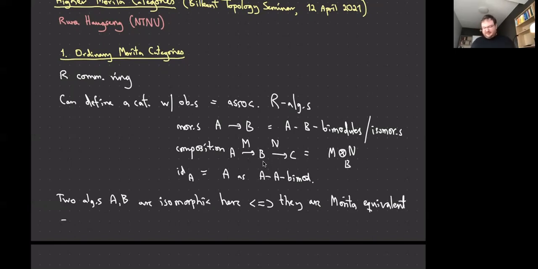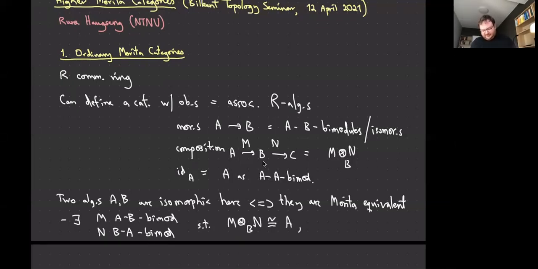Isomorphism in this category exactly corresponds to the choice of an AB bimodule M and a BA bimodule N, such that if I tensor them over B, I get an AA bimodule that's isomorphic to A, and if I tensor over A, I get a BB bimodule that's isomorphic to B, which is one way of saying what a Morita equivalence of rings is.